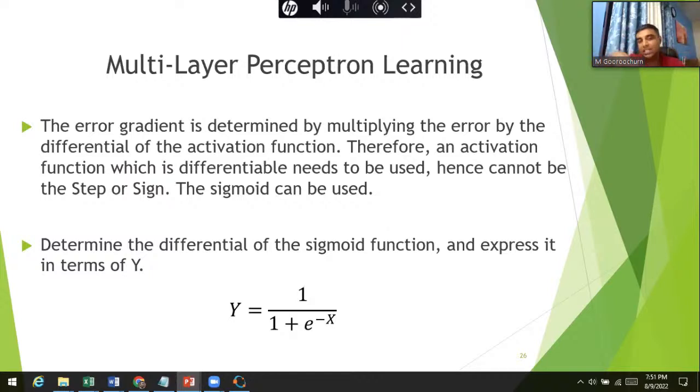It's not a complicated exponential answer. If you get any answer, do share in the chat. You can share with your friends. So try to find dy by dx, and from the answer you get, try to express it in terms of y.